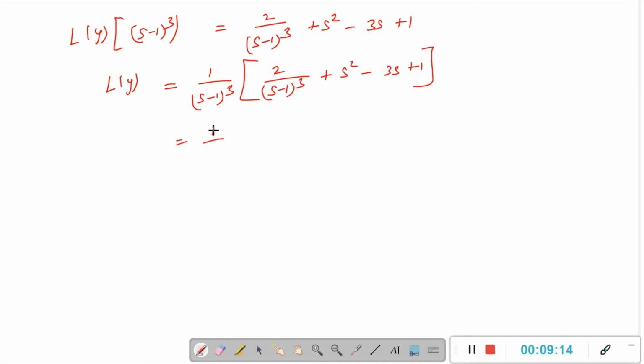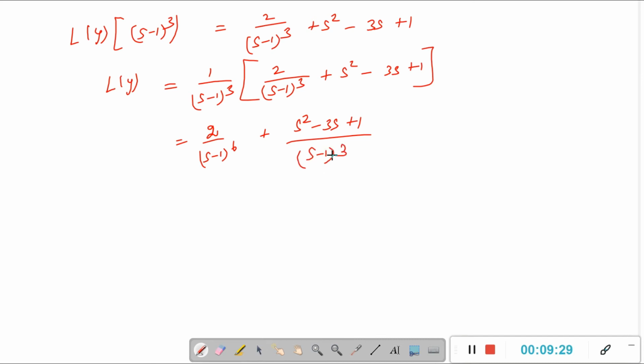That means 2 by s minus 1 whole power 6 plus s square minus 3s plus 1 divided by s minus 1 whole power 3.